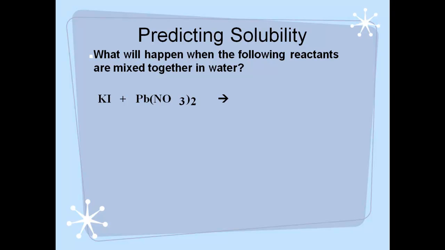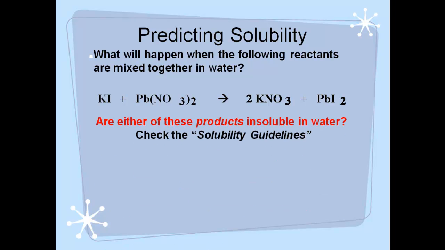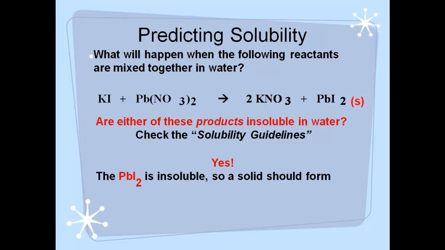So they're going to switch partners, or switch who they're bonded to. So we're going to form potassium nitrate and lead(II) iodide. Once you have your products formed and you've balanced your equation, take a look at your solubility guidelines. Are either of the 2 products going to be solids when they're formed? Yes, the lead(II) iodide is insoluble based on your solubility rules.